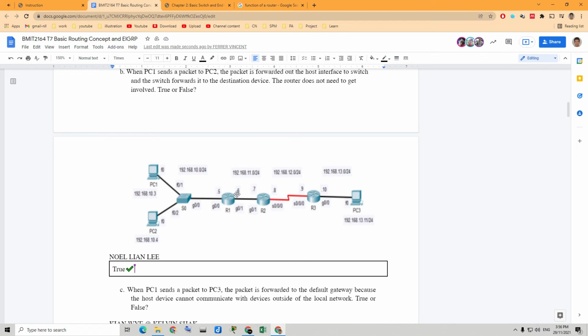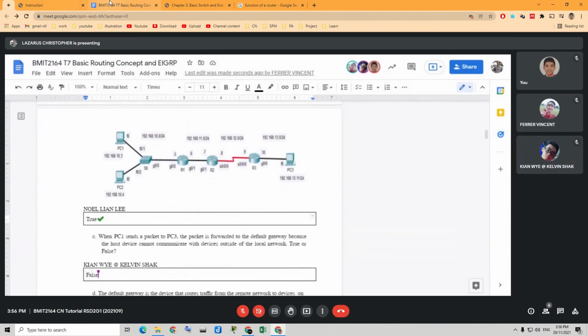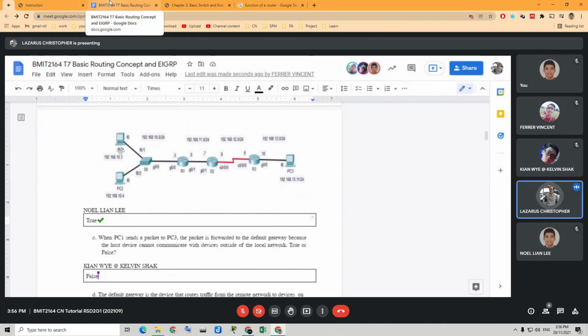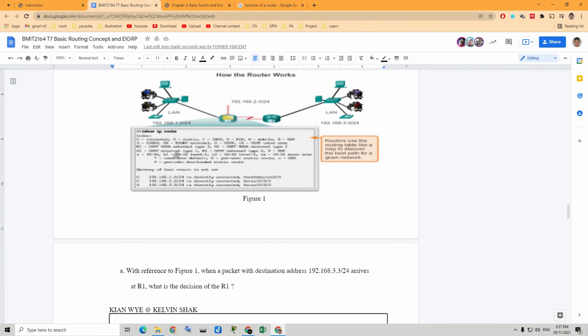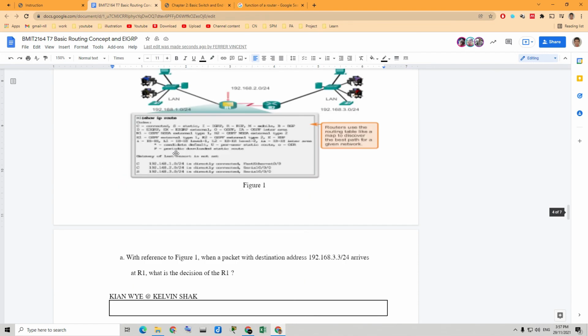Right, so let's look at Kelvin's for C. When PC1 sends a packet to PC3, PC1 is here, PC3 is on this other side. The packet is forwarded to the default gateway, which is this one. This Router 1 is the default gateway for PC1 and PC2.